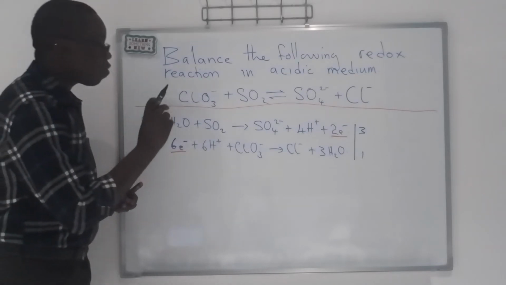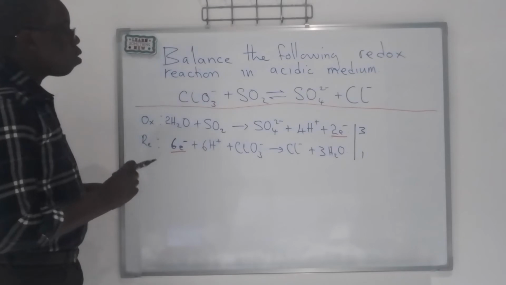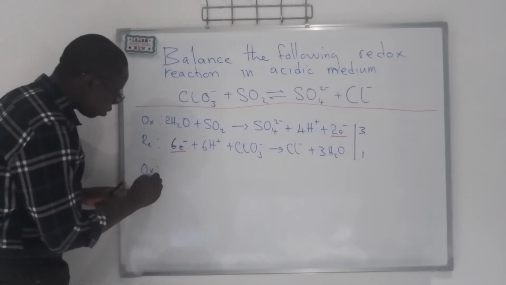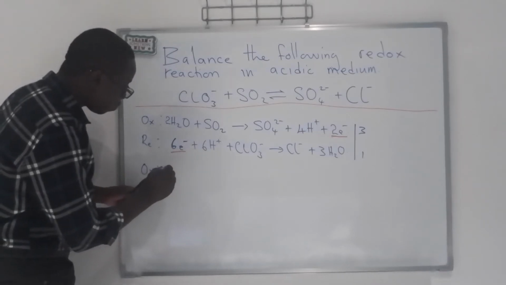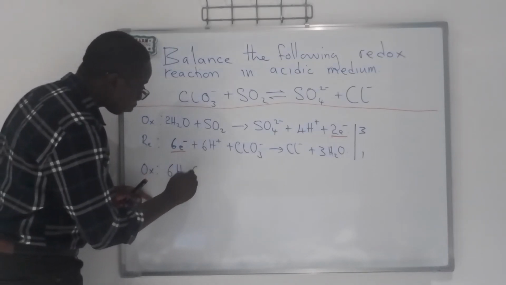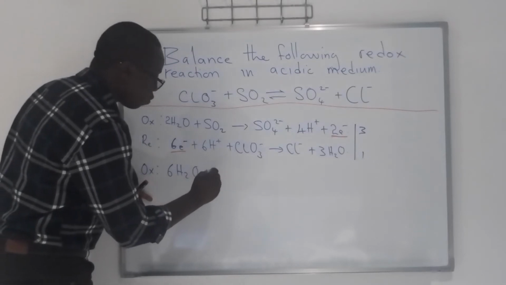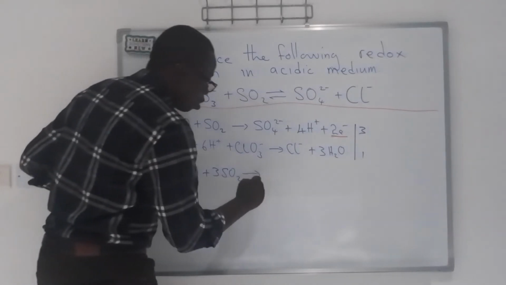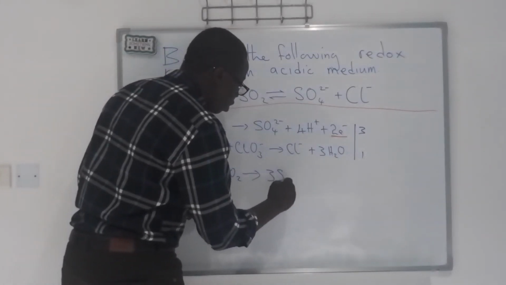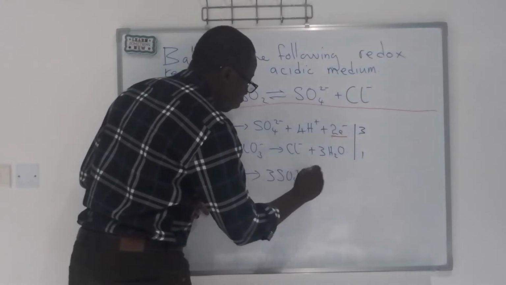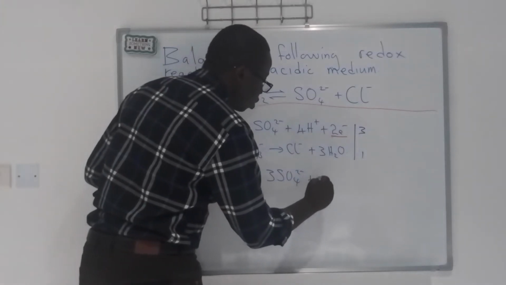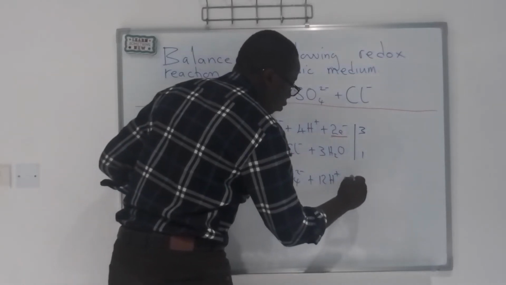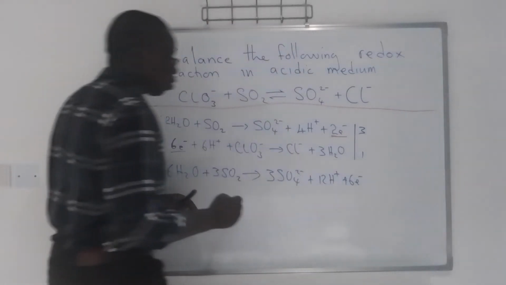Now that multiplying factor affects the equation. So what will be the new equation for oxidation? The new equation for oxidation will have 6 molecules of water, then 3 molecules of SO2, then also 3 of SO4 2-, then 12 hydrogen ions and 6 electrons.